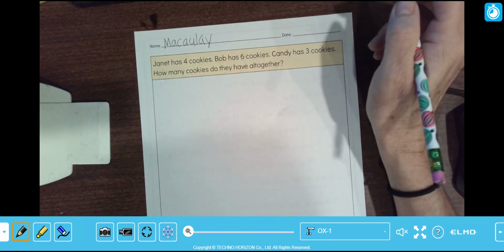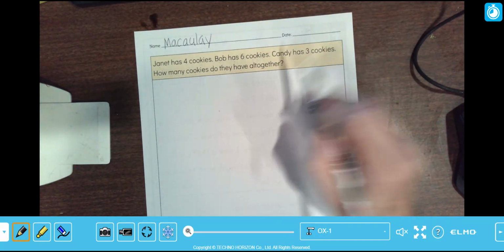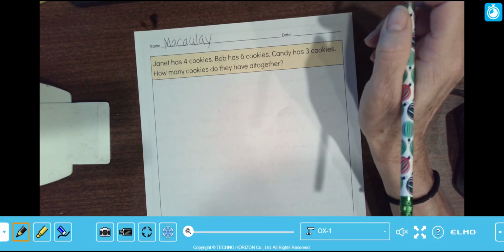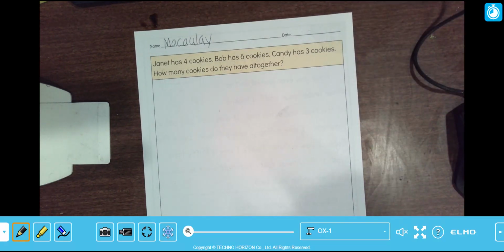So what's happening with Janet, Bob, and Candy? Well, they all have cookies, right? In this story, Janet, Bob, and Candy all have cookies.